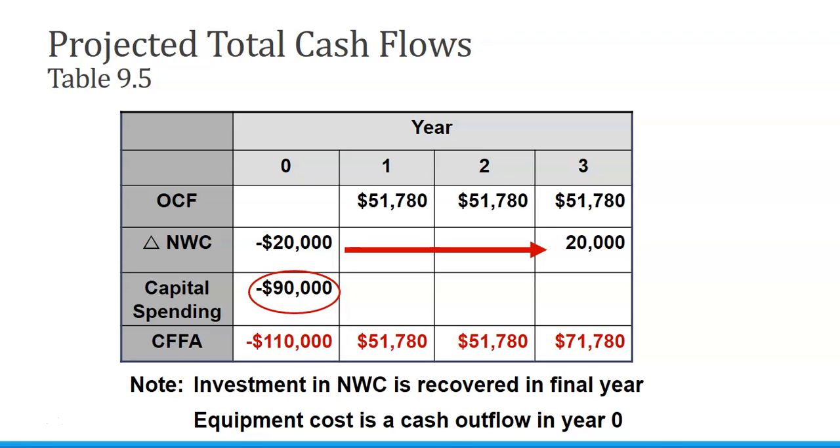We then have incoming cash flows every year for 3 years of $51,780. We then recover our net working capital in year 3. If we also sell the equipment at the end of year 3, that would also be a cash inflow that we need to consider.